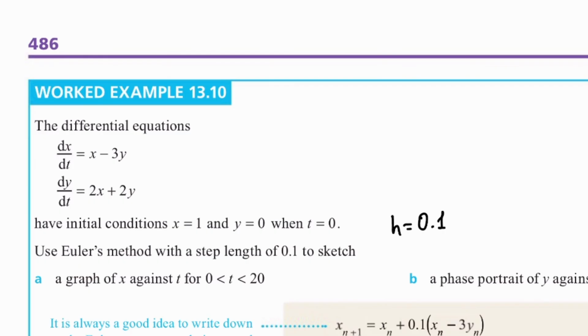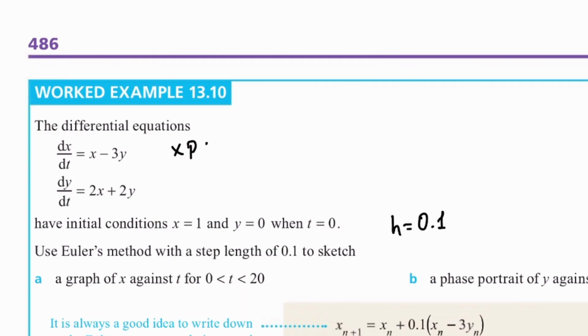Remember, step length is h. Graph x against t, where t is between 0 and 20. First of all, guys, we need to define these differential equations in our calculator. The derivative of x, I'm gonna write xp, x prime.